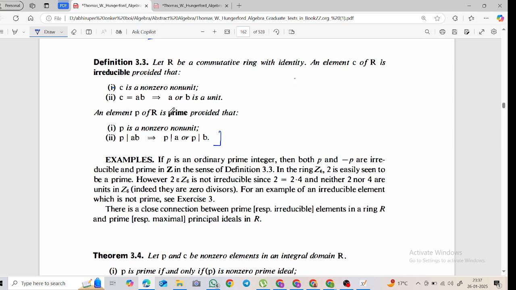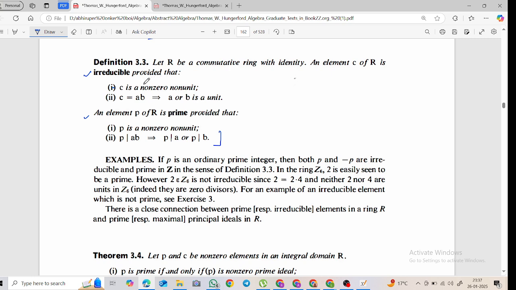Okay, so clearly the notions of irreducible and prime are separately given, and we will see why. There might be rings in which an irreducible element cannot be prime, but a prime element will also always be irreducible. We will see that.